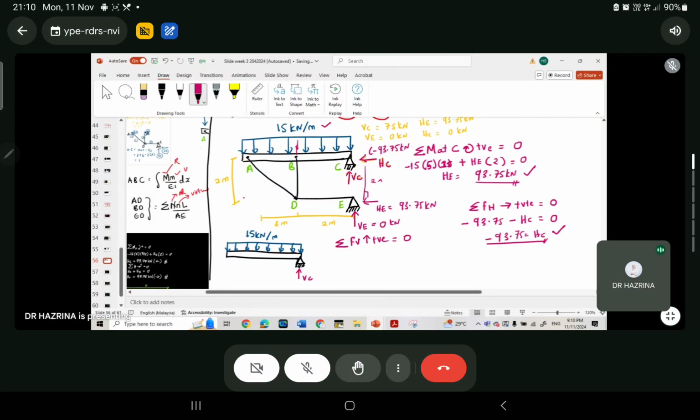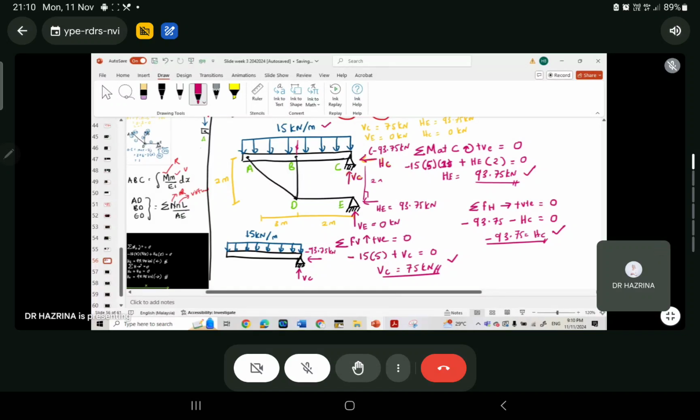Sebab you punya HC dah dapat dah. Dekat sini adalah negatif 93.75 kilonewton. So now what is your VC? So maksudnya negatif 15 darab dengan 5 campur VC sama dengan kosong. So VC sama dengan 75 kilonewton. You got your VC. So this should be your reaction forces.